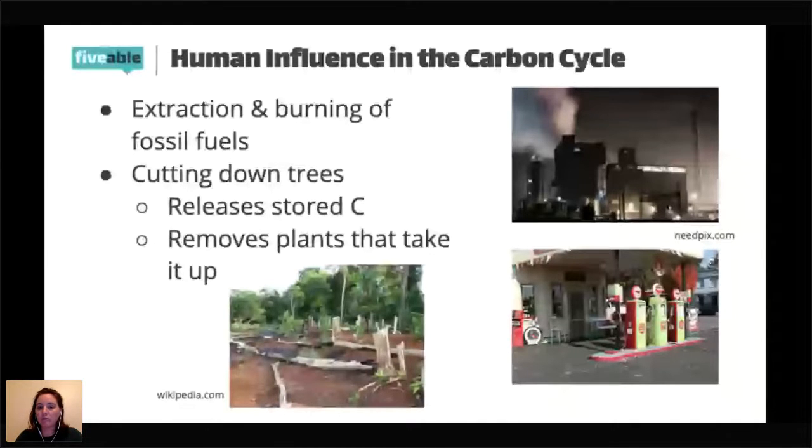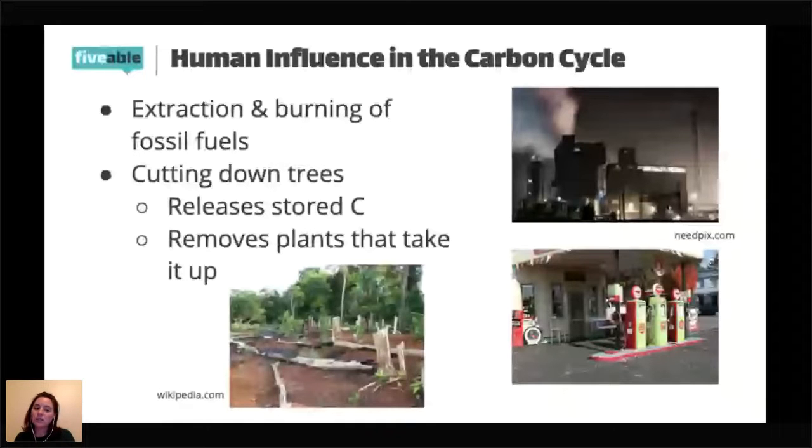So maybe through creating electricity, or by burning coal or natural gas, or when we put gasoline or diesel fuel into our vehicles, and then that combustion reaction makes our cars go. It's also very quickly taking that carbon that was stored deep underground and releasing it out into the atmosphere very, very quickly.